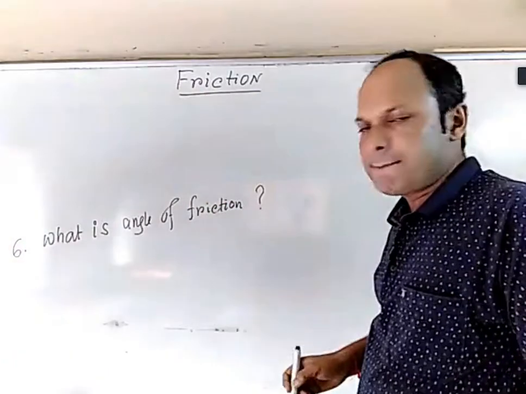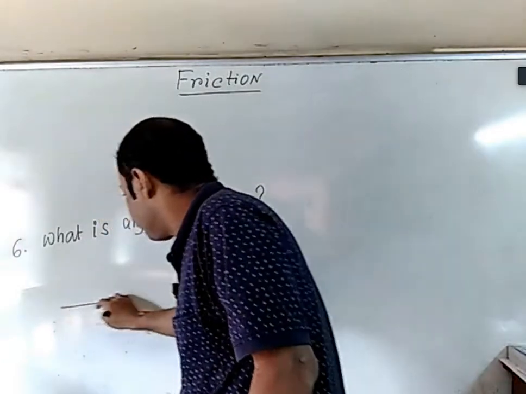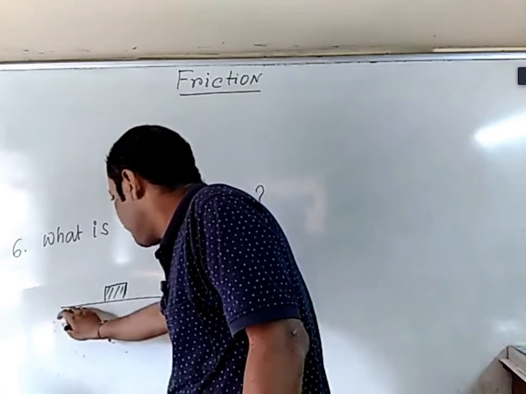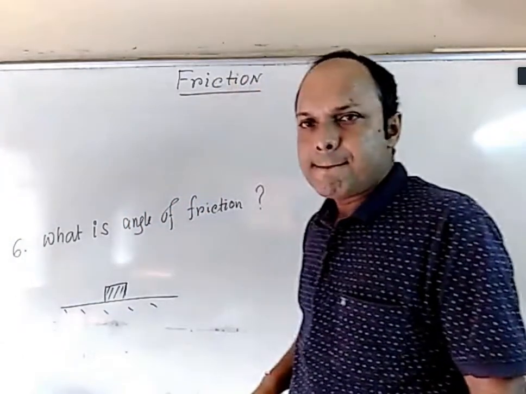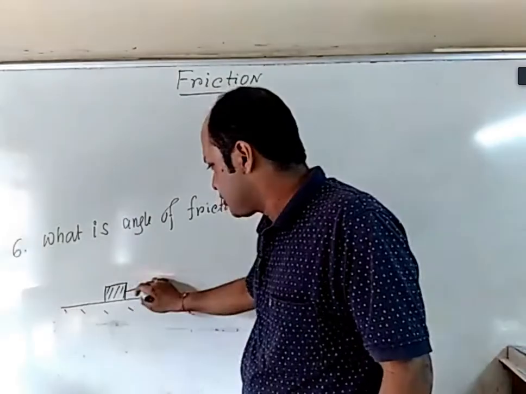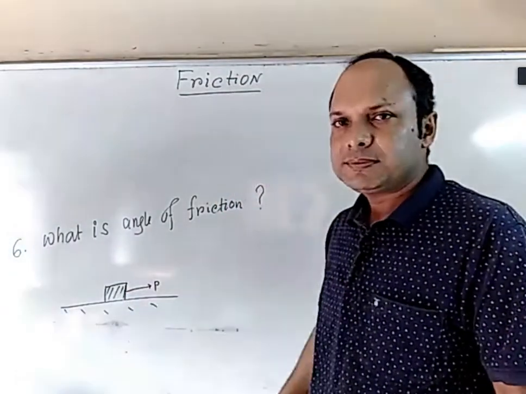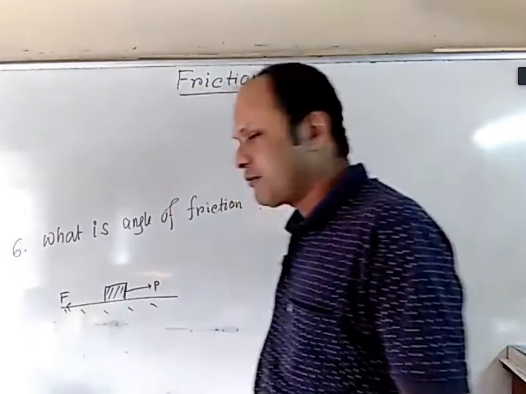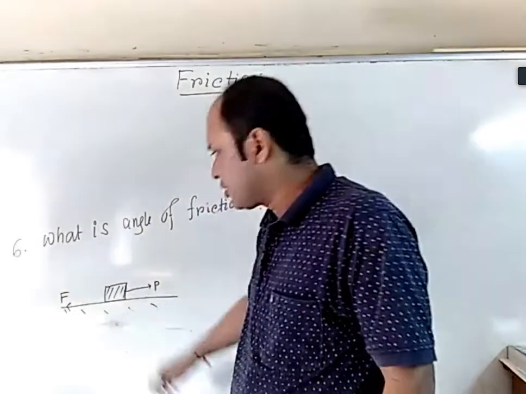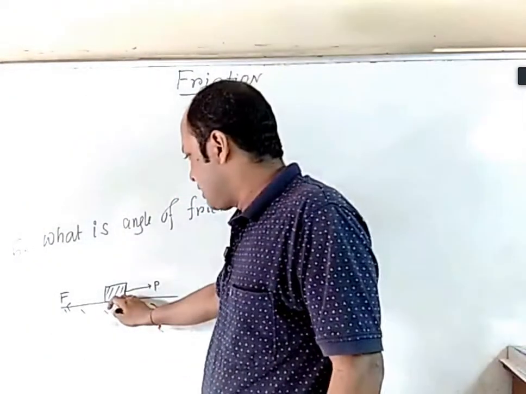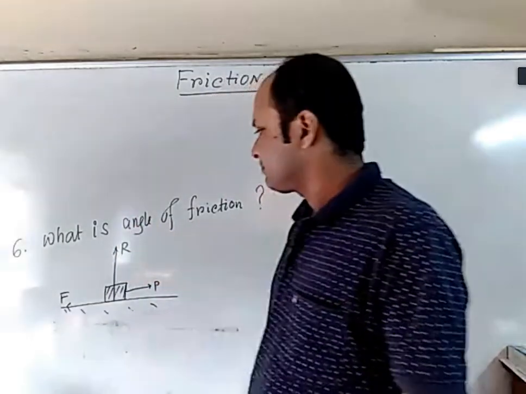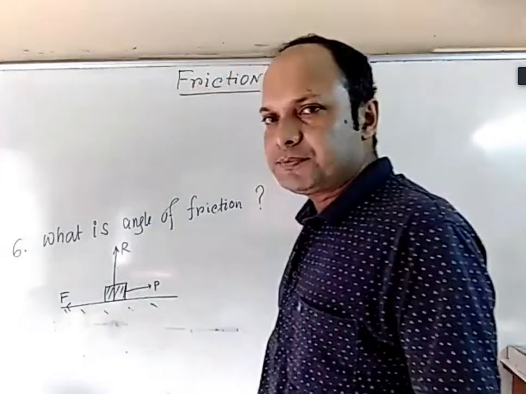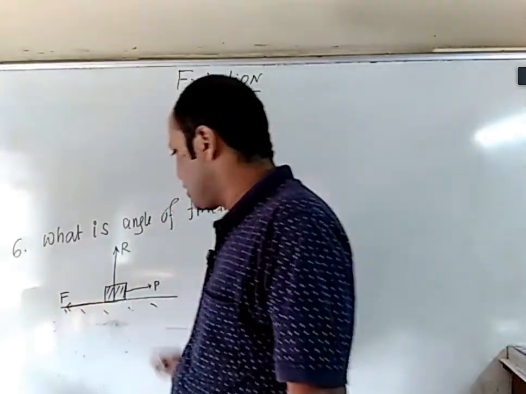You see, say you have an object lying on the surface. You are applying a force on it. Definitely, a frictional force will develop exactly in the opposite direction of the applied force and along the two surfaces in contact. And this is the normal reaction, along the upward direction. The frictional force is along the two surfaces in contact.